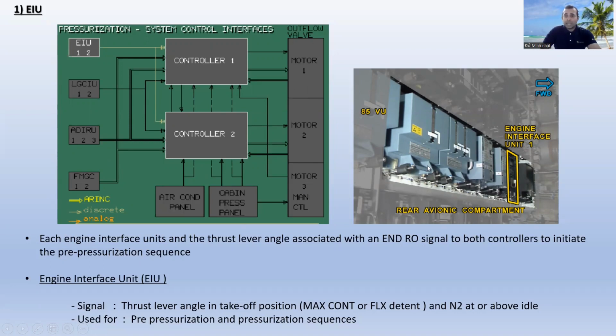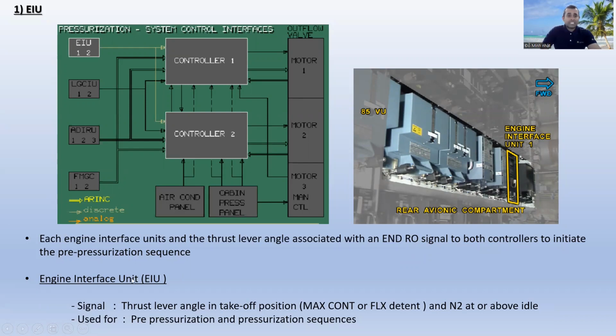All right, so this is the actual view of the avionics compartment, and this is engine interface unit number 1. Each engine interface unit sends the thrust lever angle and N2 signal to both controllers to initiate the pre-pressurization sequence.